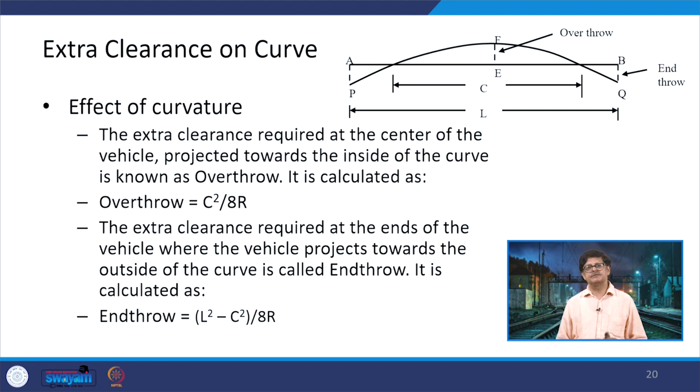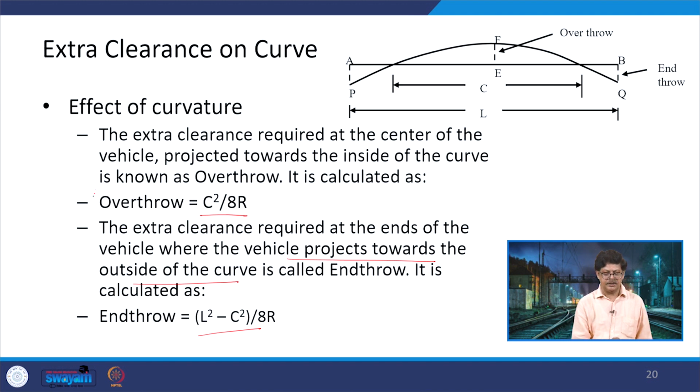The extra clearance which is required at the center of the vehicle, which projects towards the inside of the curve, is known as overthrow and is calculated by the formula c square divided by 8r. Whereas, in the case of the underthrow, where the vehicle projects towards the outside of the curve, it is calculated as L square minus c square divided by r. So, whatever is the distance which is being left, that is what we are considering here.